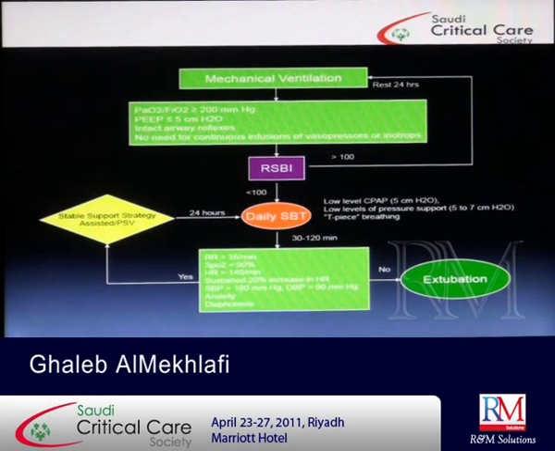You are doing mechanical ventilation for the patient, and you find that the patient is ready to wean. So you shift to the rapid shallow breathing index, and if it is more than 100, then you go back and do mechanical ventilation for another day. If it is less than 100, then you will do a spontaneous breathing trial.